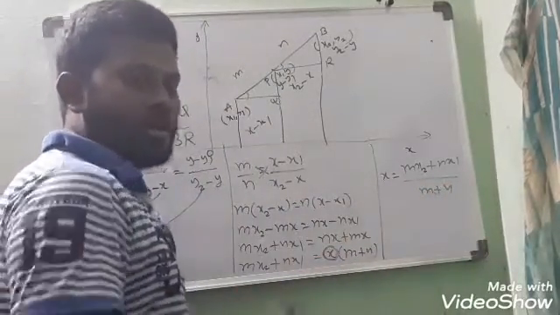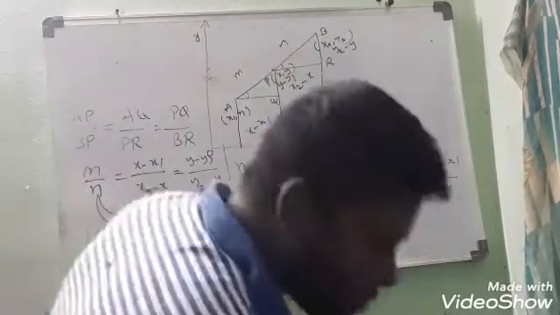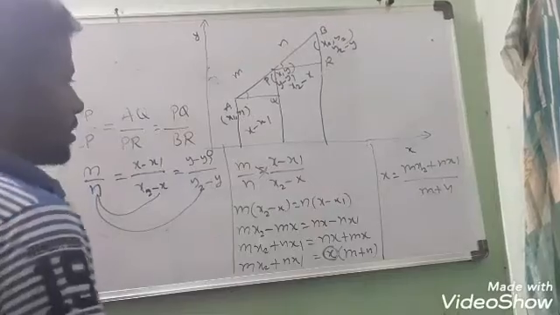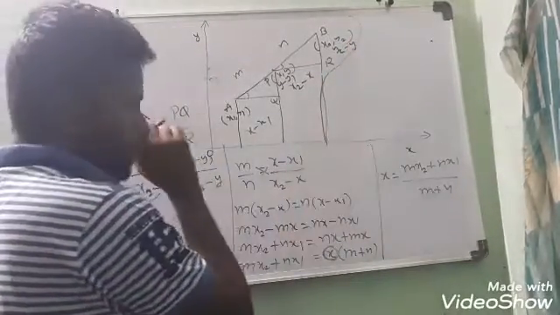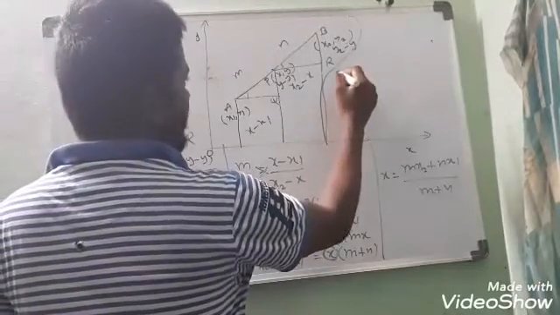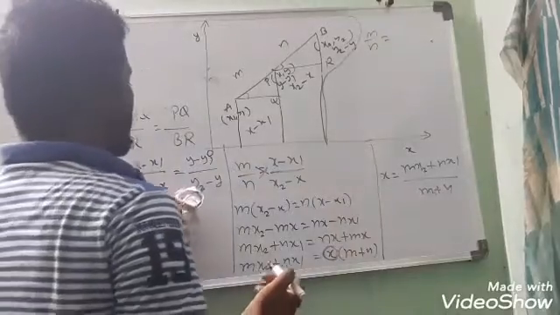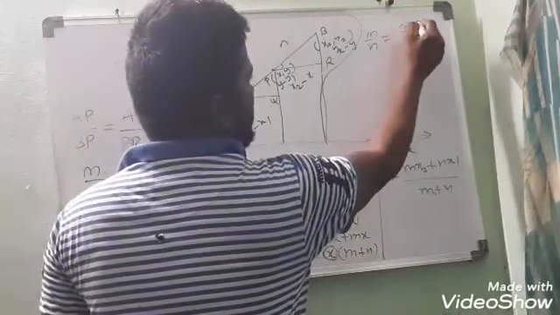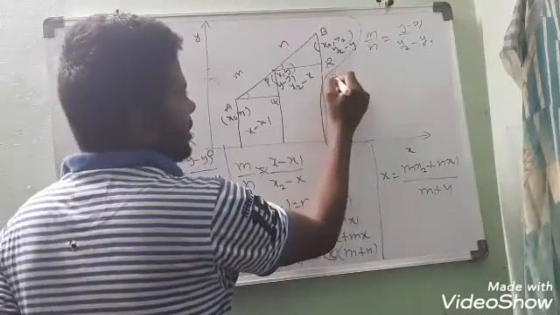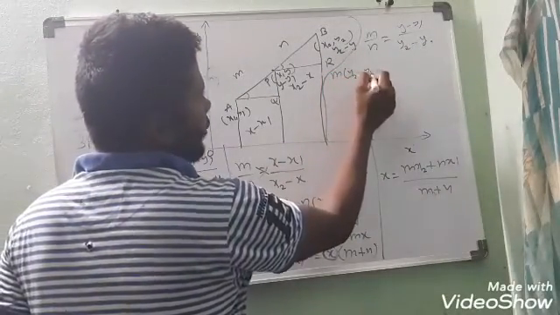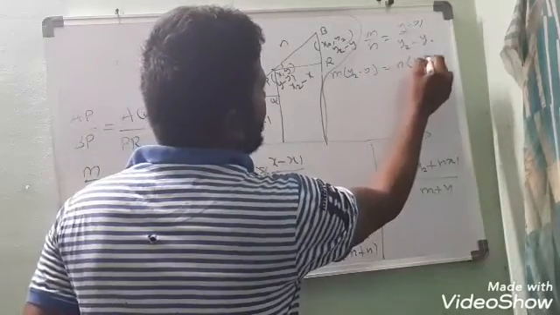See guys, in the same way we can find y also. I have space over here, so I can do the same again. So m by n is equal to y minus y1 by y2 minus y. So again do cross multiplication: m into (y2 minus y), sorry, and n into (y minus y1).